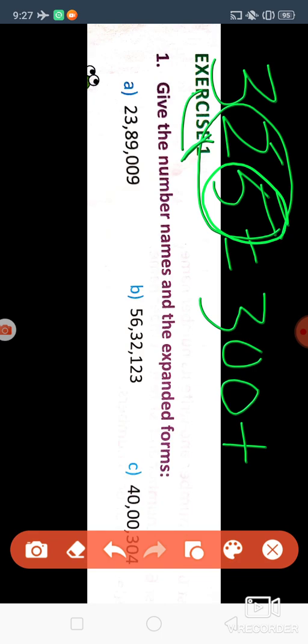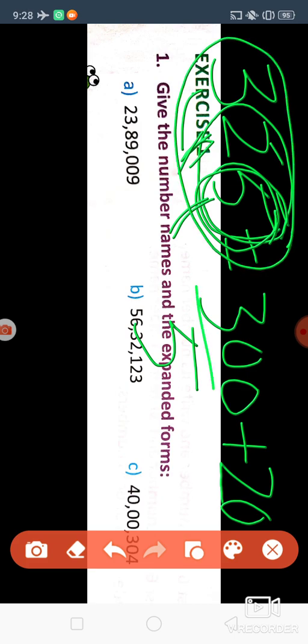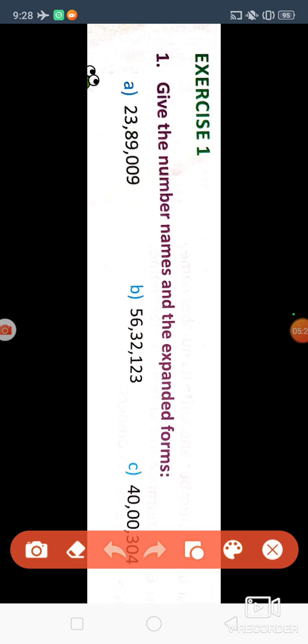Only one digit, 5. So we'll write here first of all 2, and after 2 there is only one digit, so we'll write here 0. Then this 5, so we'll write 5. So 325 we can write as 300 plus 20 plus 5. Are you getting it? Now let's see with another example.